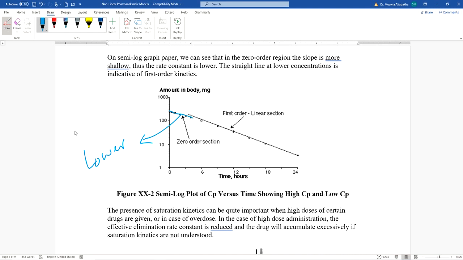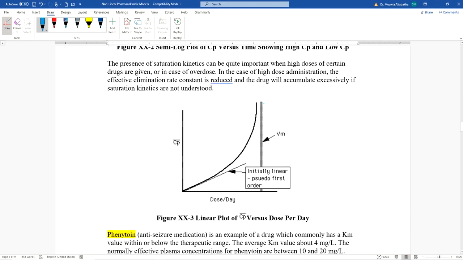If I want to continue with this line, the concentration should fall from here, whereas it falls from here. So the amount eliminated during this time is less than what it would have been if it were first order. I hope this is clear.